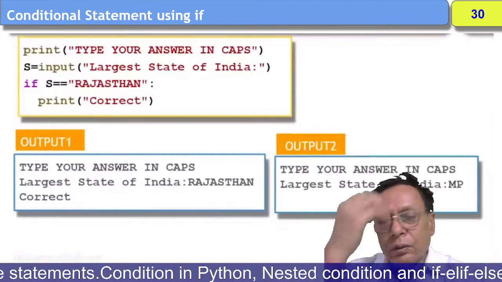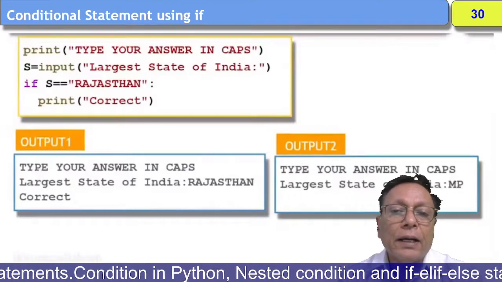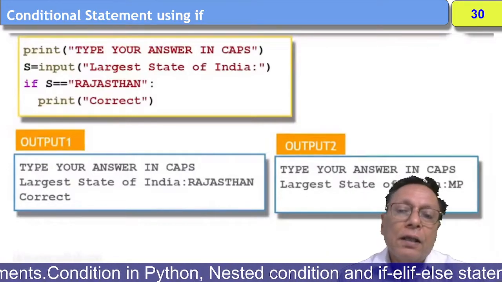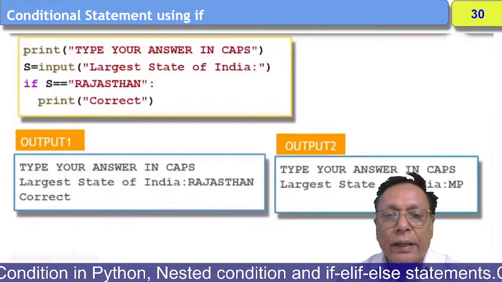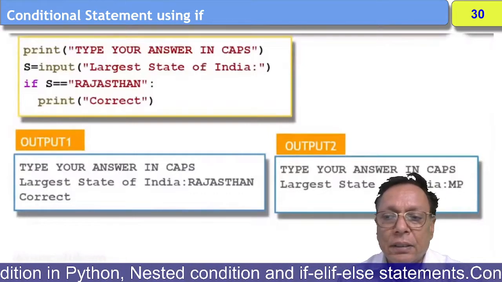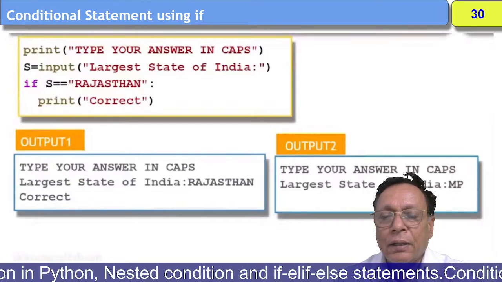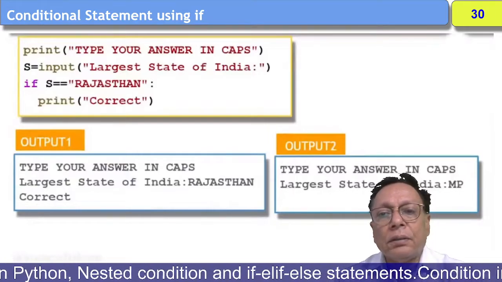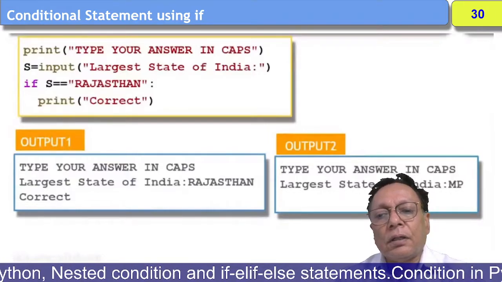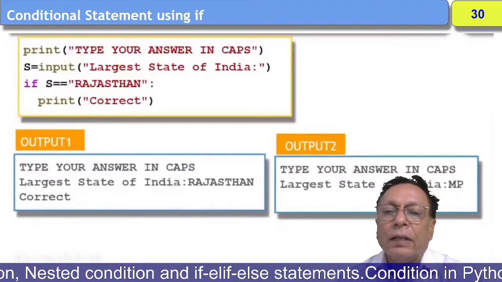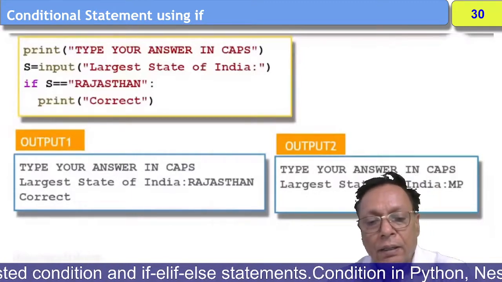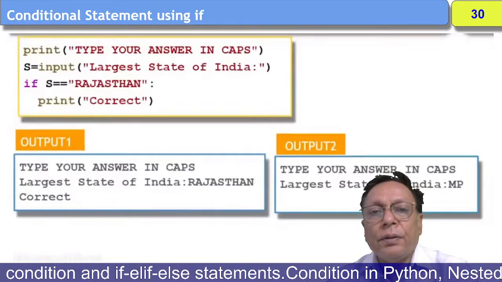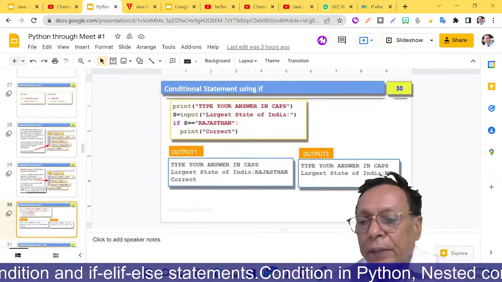So if you enter Rajasthan, and it is in caps or capital letters, then it will say correct. And if you give another one, it will not print correct. For example, I'll do it on Python.